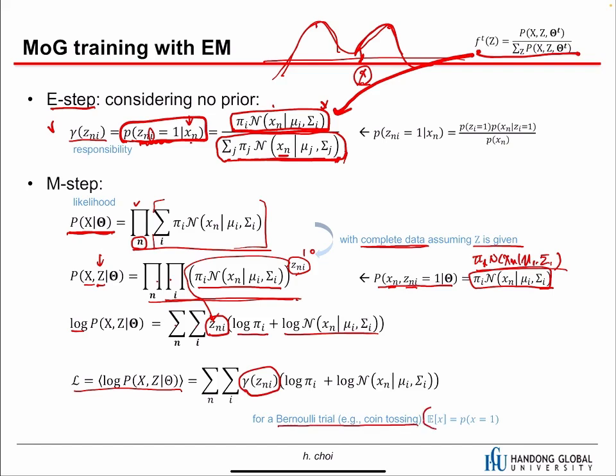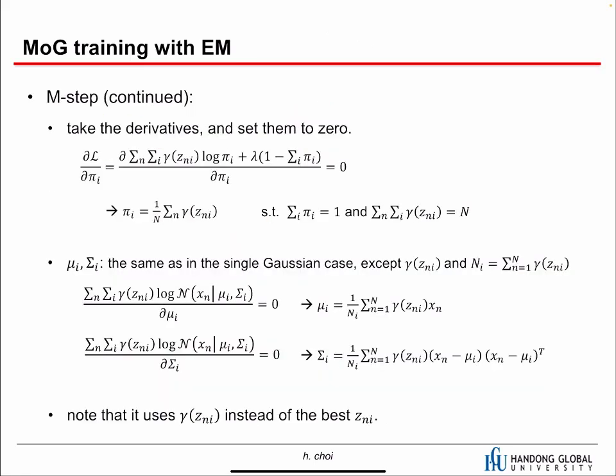When we toss a coin, the expectation of the event is actually its probability. And the probability of z sub ni is the responsibility here, along with log pi and the log Gaussian. So this is the loss function.